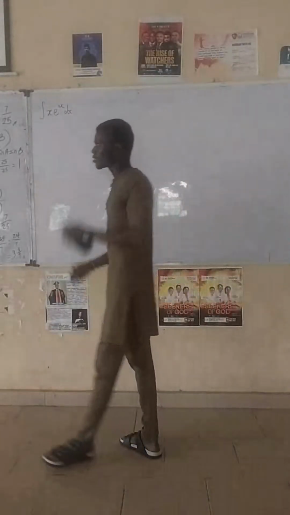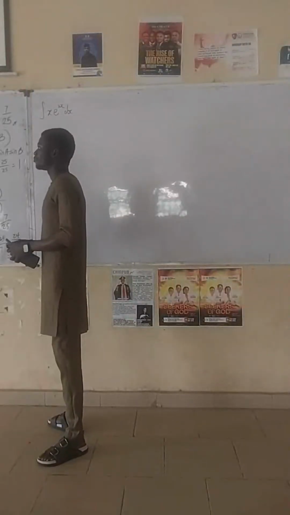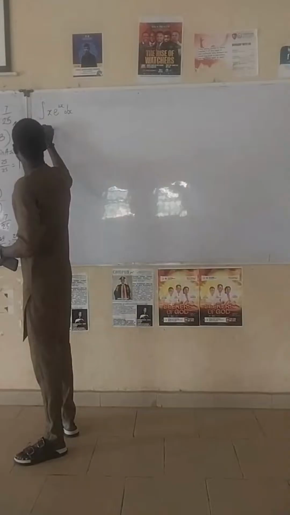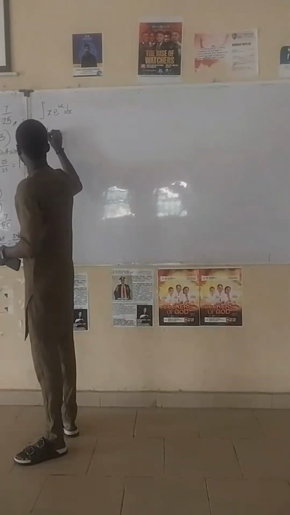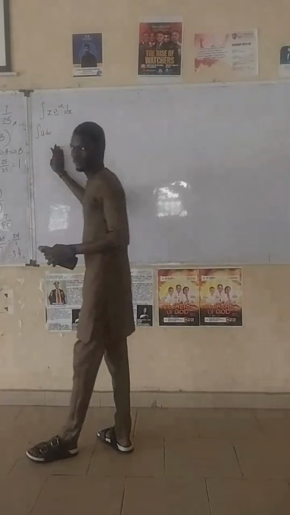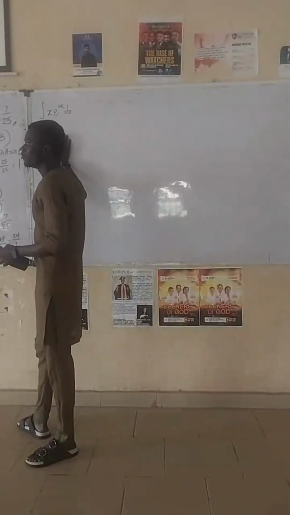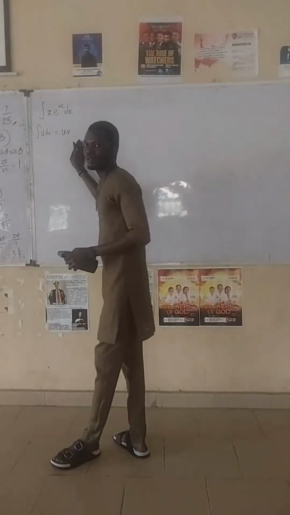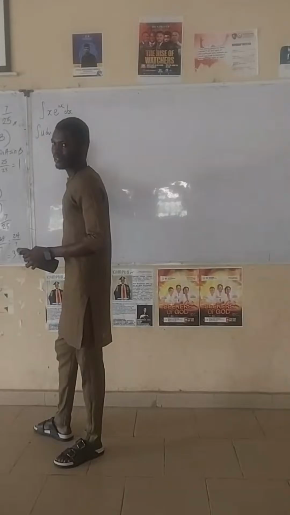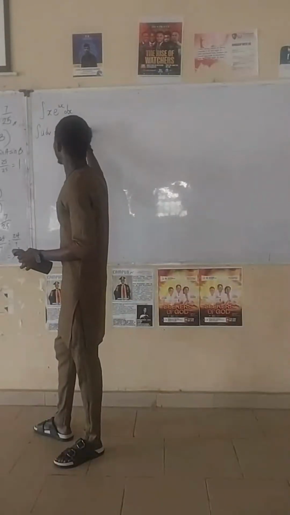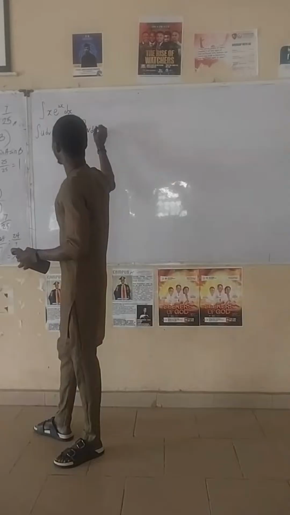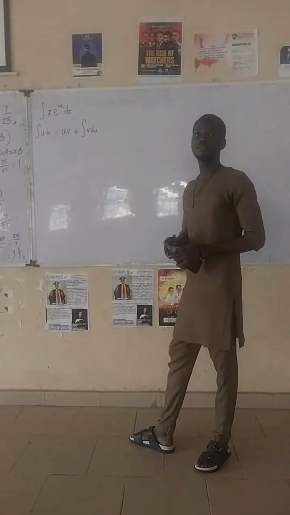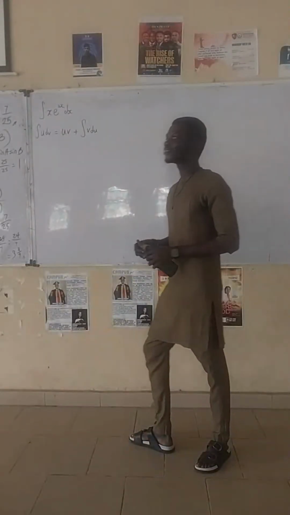In integral by parts, we use this formula. Integral of u dv equals uv minus integral of v du.